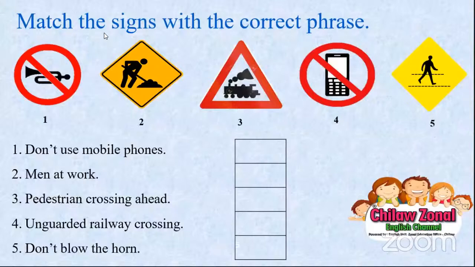So match the signs with the sentences and please put the number in the correct box. I will enable the chat again so you can put the answers. Just put the numbers.